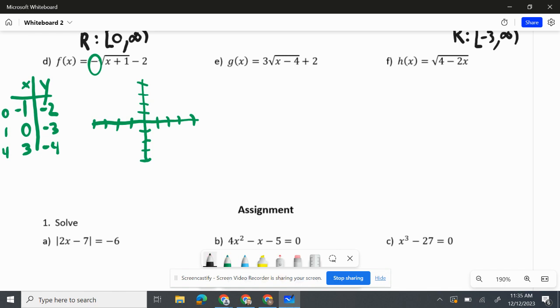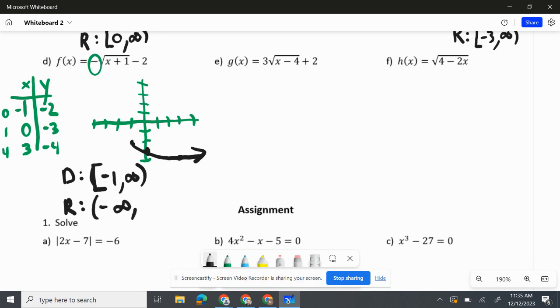So looking at that right there, negative 1, negative 2, 0, negative 3, and 3 and negative 4. And this right here gives me my graph. When I'm looking at my domain, it would be negative 1 to infinity. And when I'm looking at my range, since it's going down, negative infinity all the way to negative 2.